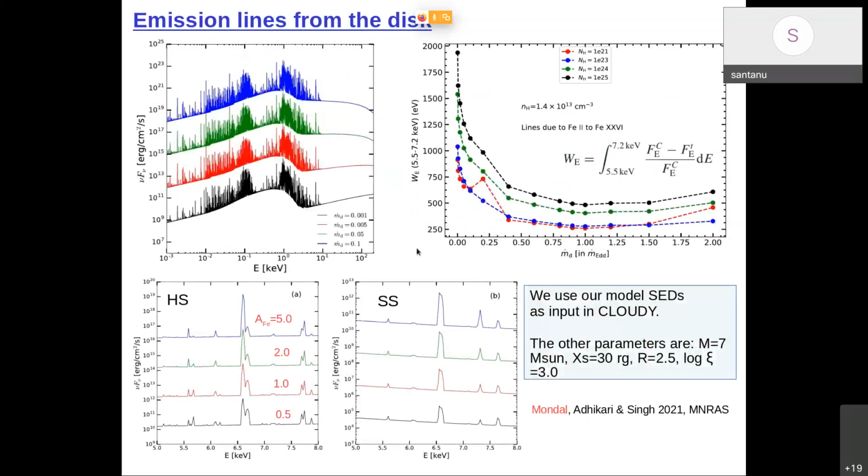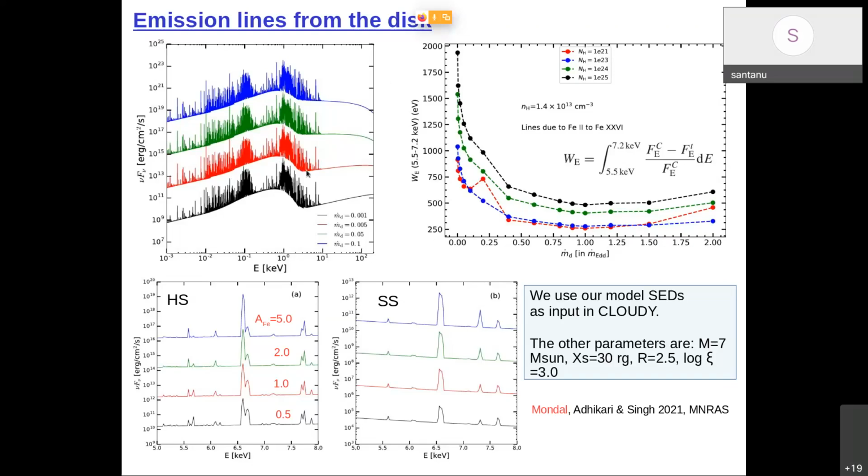As we have theoretical model spectra for different parameters including accretion rates, geometry and the mass of the black hole, we applied those spectral energy distributions to Cloudy, considering that the hard radiation coming from the inner region of the disk can illuminate the surface of the disk component, so that the gas above the disk can be ionized and produce different emission lines.